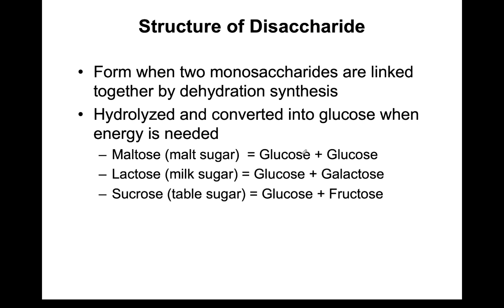So glucose, galactose, and fructose are all monomers, monosaccharides. When 2 monosaccharides bind together, they form a disaccharide. And what kind of monomers bind together results in different kinds of disaccharide.